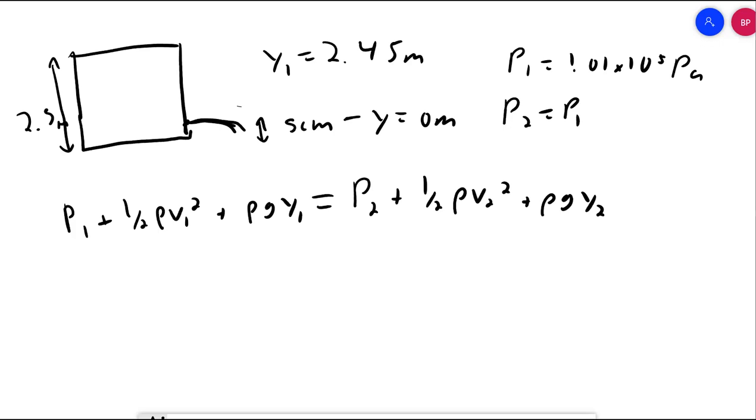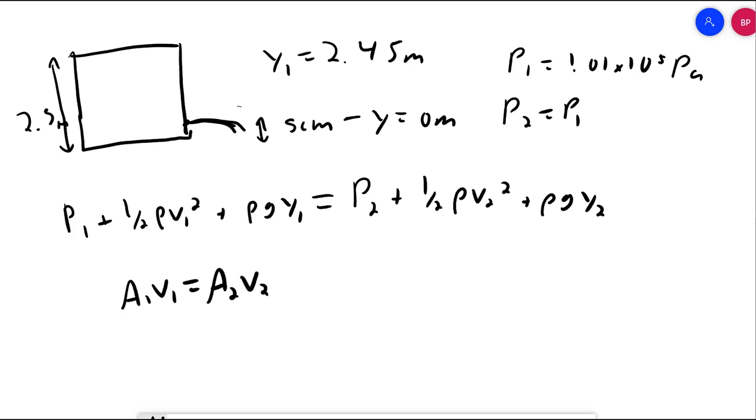Okay, so we've already drastically simplified our stuff here. So we can subtract the pressure from both sides. Our y2 is 0. But we still have two things we don't know. We don't know the velocity at the top. We also don't know the velocity where it comes out here. So we have one equation, but two unknowns. So we need another equation. And that equation is our equation of continuity.